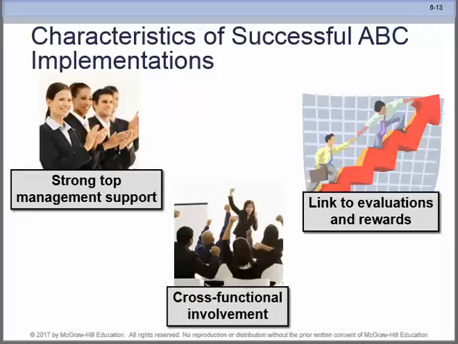If employees are evaluated and rewarded using traditional cost data, they'll get the message that maybe ABC isn't important. But if we shift it to where we are focusing on the costs that are within an employee's control and reward them based on control of those costs, then it's supported by top management, and people are more likely to respond positively to that.